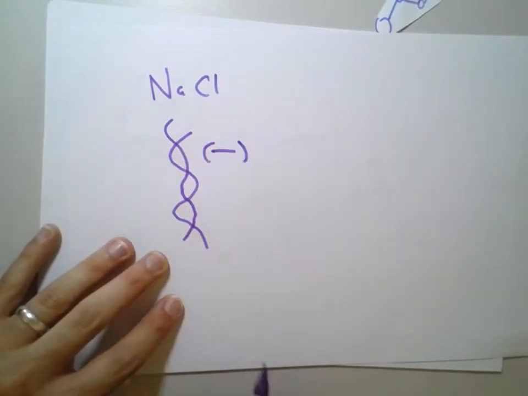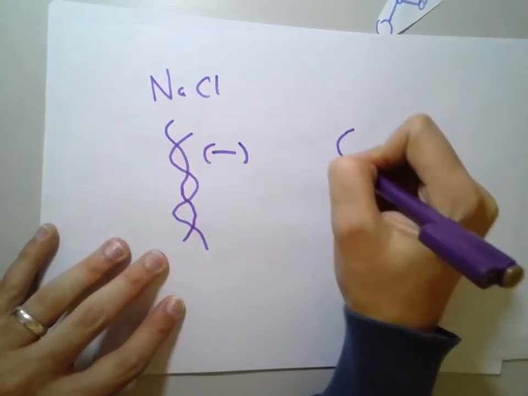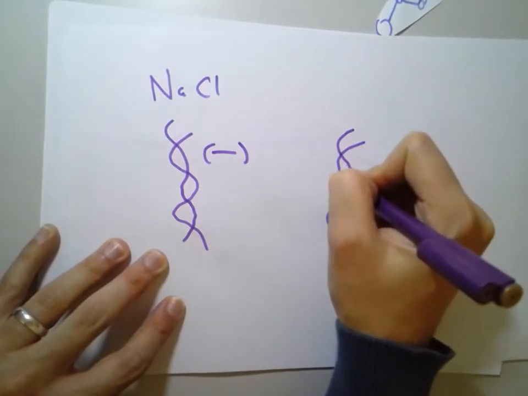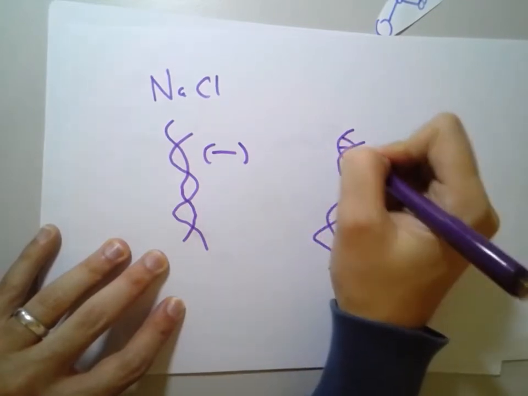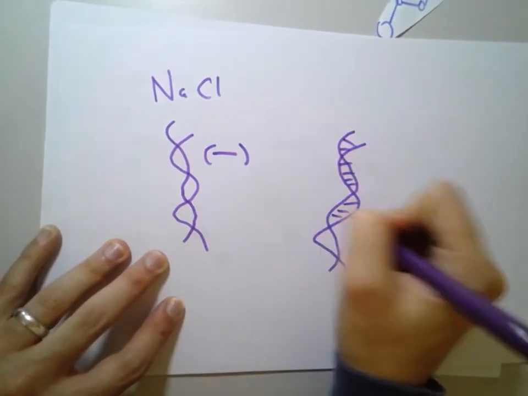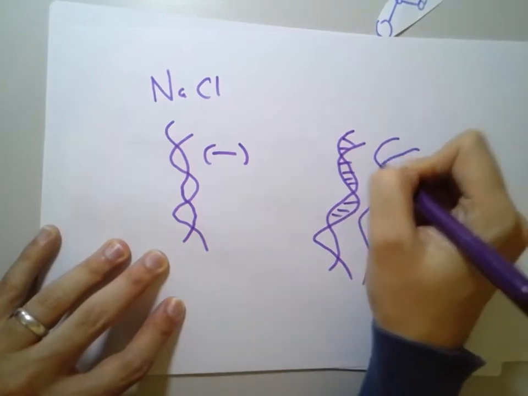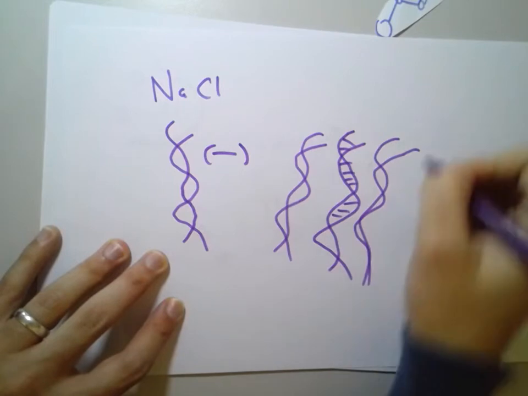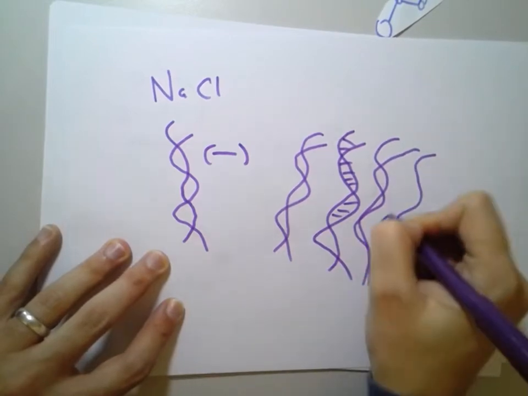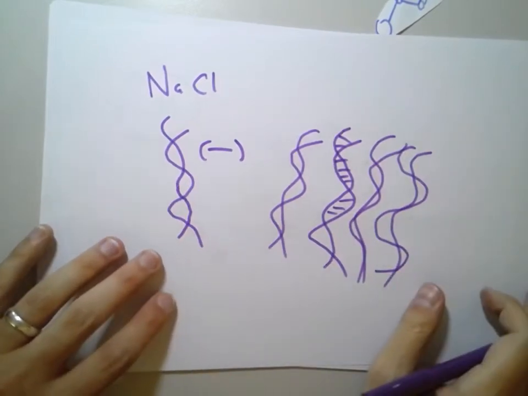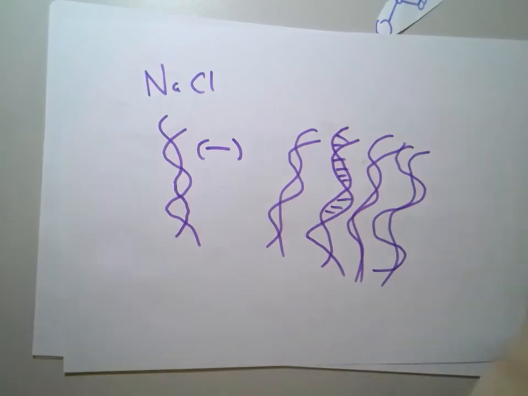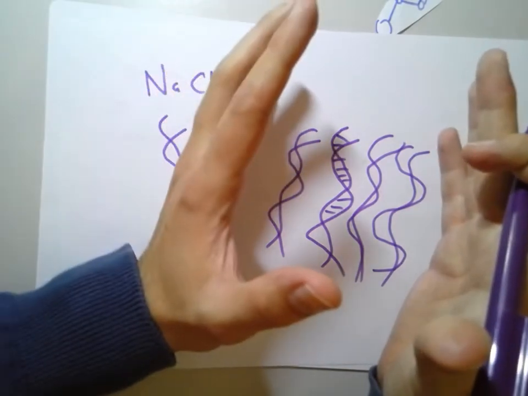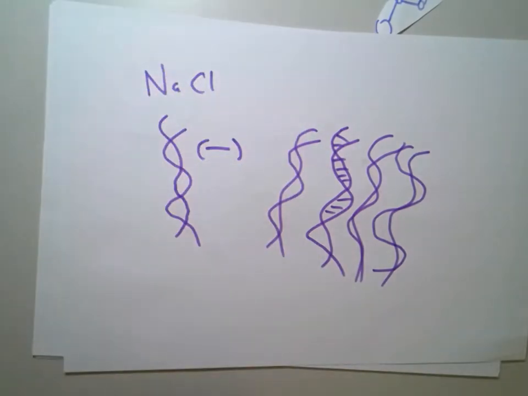Salt allows the DNA to gather together into the sample and eventually clump together because of the charges. That's what salt does. So salt just allows them to come together and group together, and then we need to separate them.